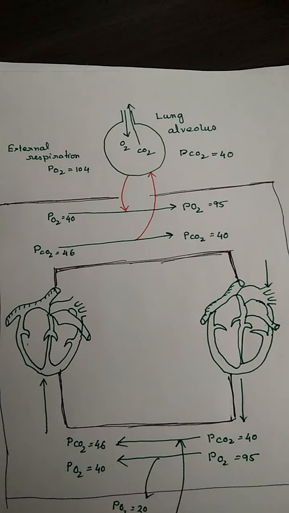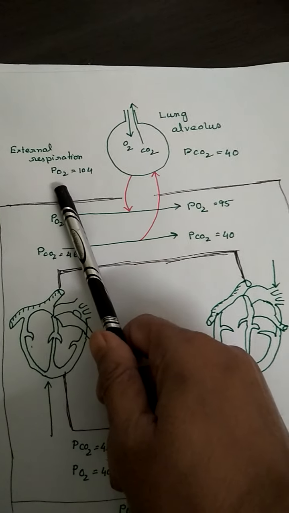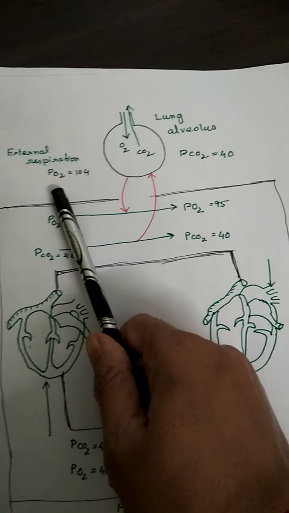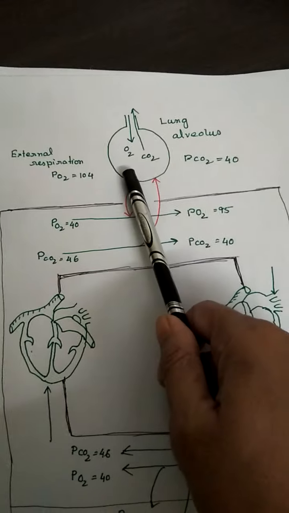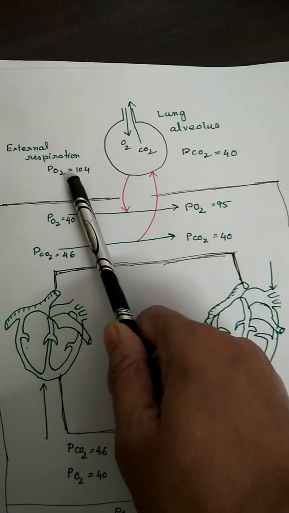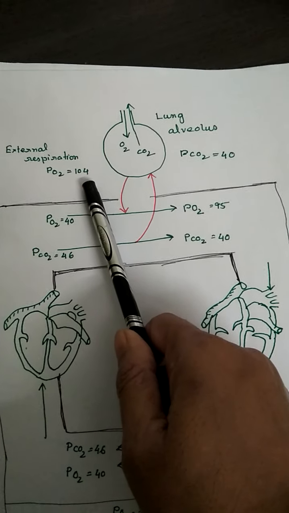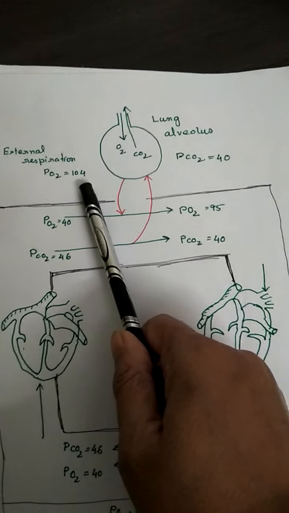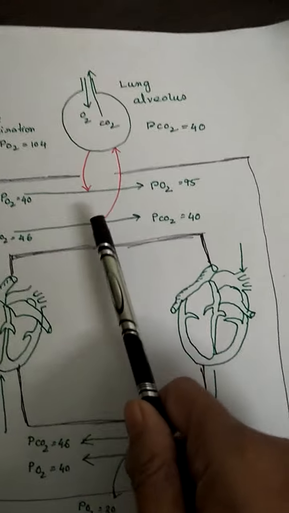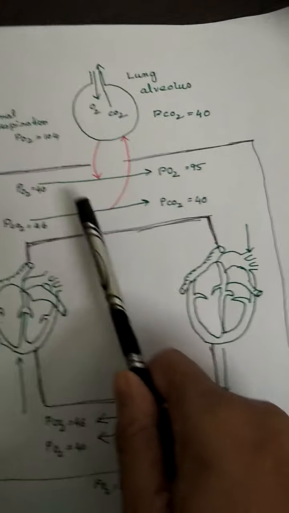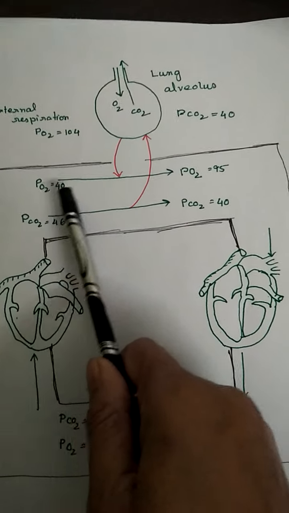PO2 means partial pressure of oxygen, and PCO2 is partial pressure of carbon dioxide. The partial pressure of oxygen here is 104 mm Hg, whereas in the arterial part it is about 40.